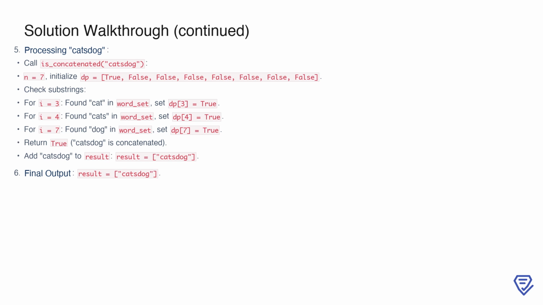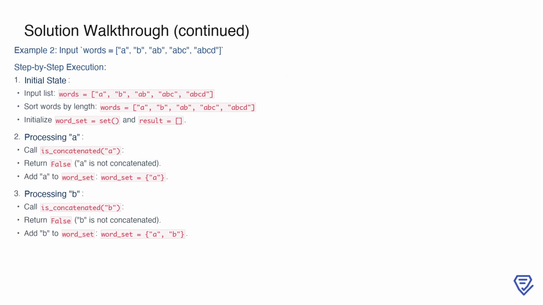Finally, when we reach the end of the word, we discover that dog is in word_set, allowing us to set dp[7] to true. This means catsdog can be formed by concatenating smaller words from word_set, so the function returns true. We then add catsdog to the result list, which now contains catsdog. At this point, we have completed processing all the words in this input, and the final output is catsdog.